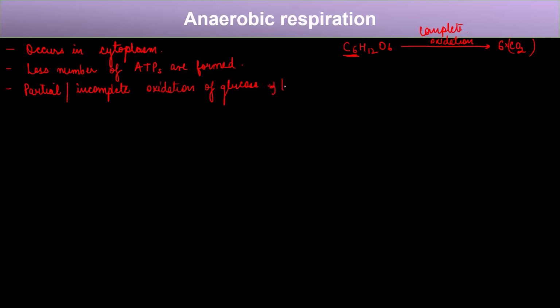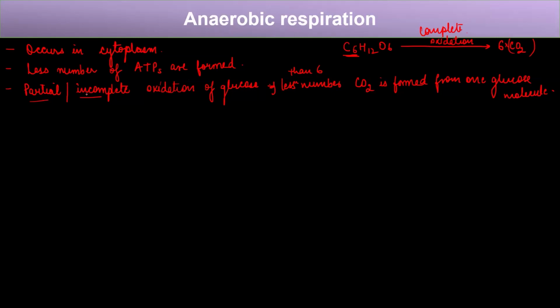So here, less than 6 carbon dioxide is formed from one glucose molecule. Also, partial and incomplete are two separate terms.